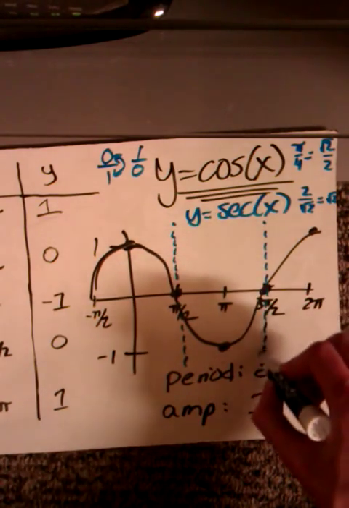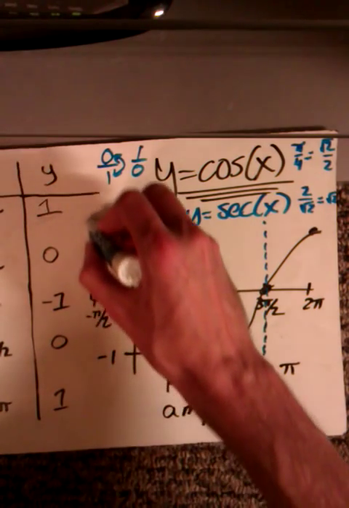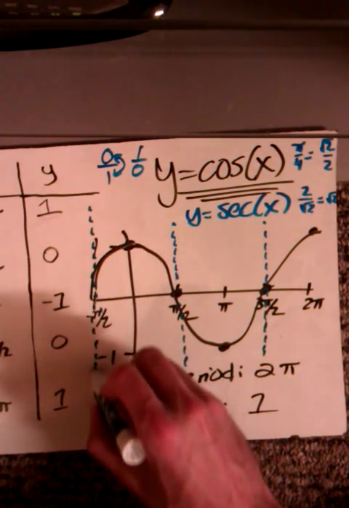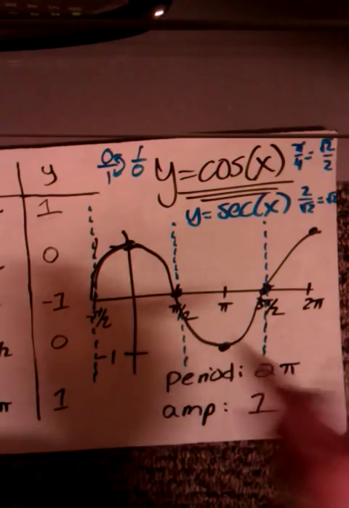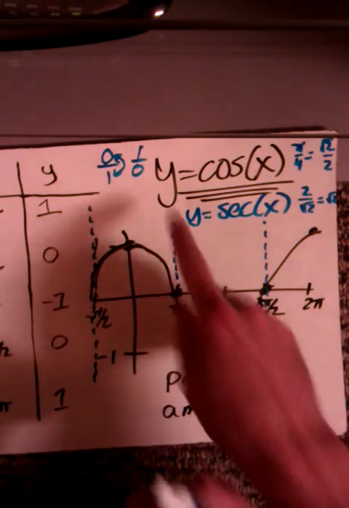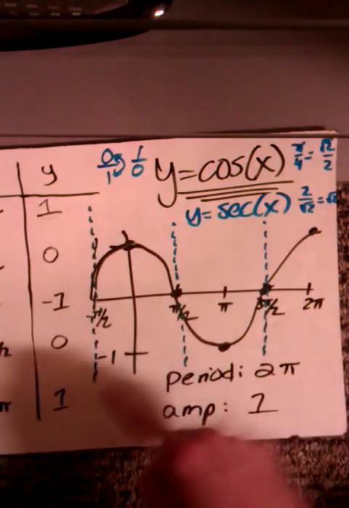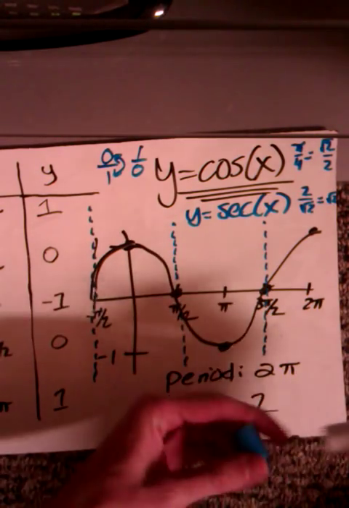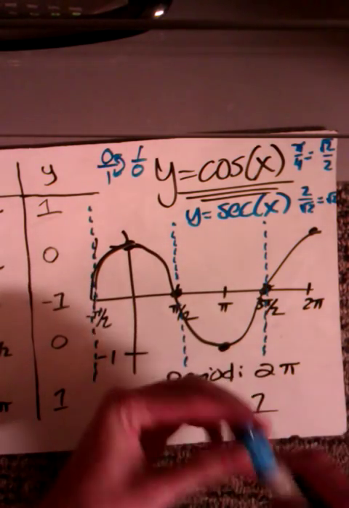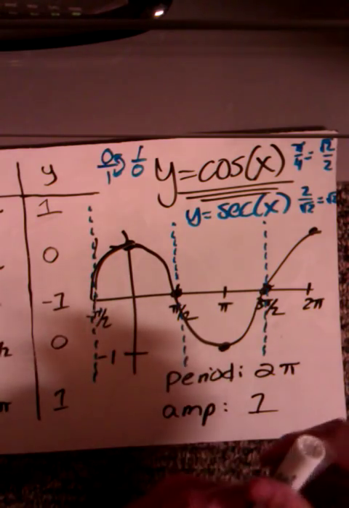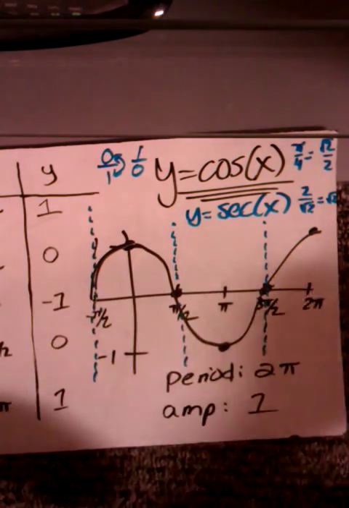It's like a line that you cannot cross. It's like Gandalf is saying, "Thou shalt not pass," and you shall not pass the asymptote. So we won't have any points defined on our graph at these asymptotes, but that's okay because secant doesn't seem to mind.